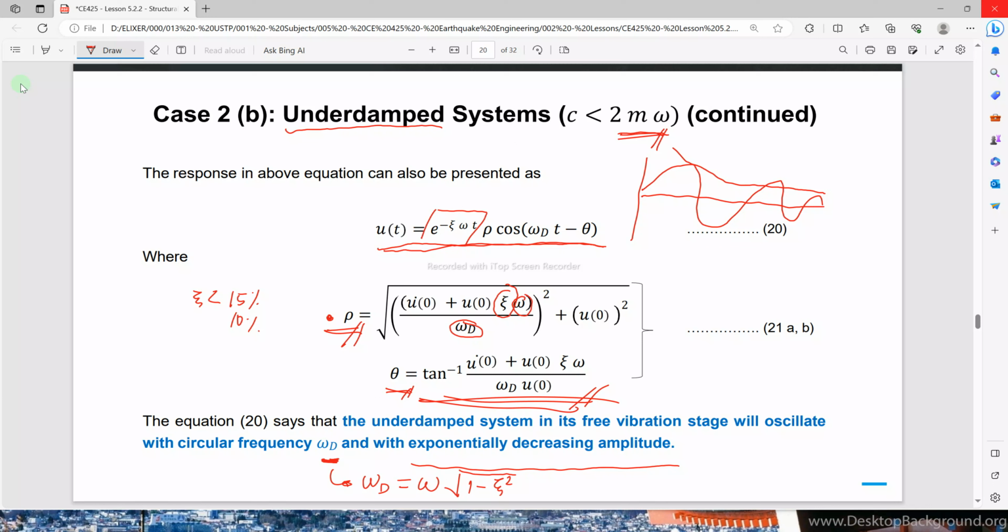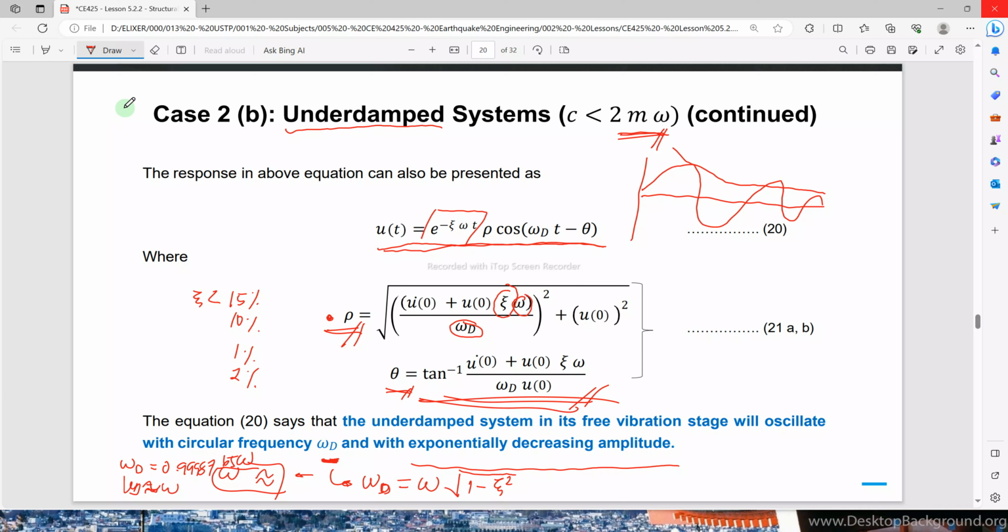And in a very flexible structure, that is around 1% or 2% only. So it is really very small. Since it is so small, when squared it gets even smaller, so more likely omega d here is almost or approximately equal to omega, because omega d will have a value of like 0.998. So there is actually a difference from 1, but that is approximate to the value of omega.